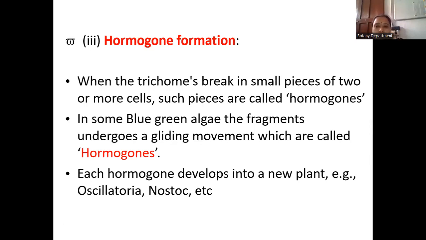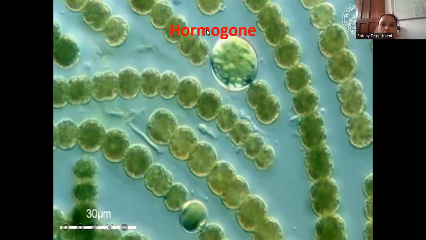Here is a question: in which class can you observe vegetative reproduction by hormogonia? That is the blue-green algae or Myxophycean members. Examples here are Oscillatoria and Nostoc. This is Nostoc, with beaded structures, rounded beaded colonies.